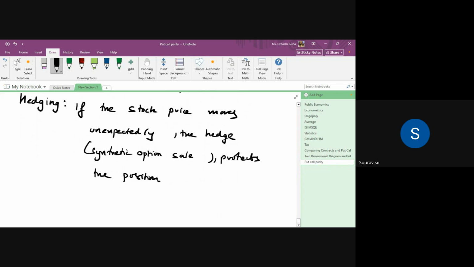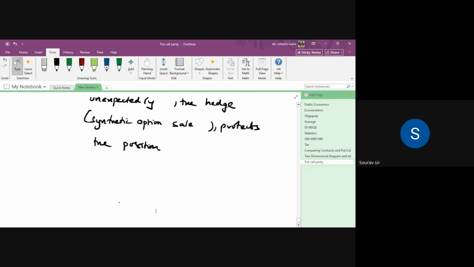Okay, so the arbitrageur always pairs the real option with its synthetic version. So for an overpriced option, what are you doing? Selling the real one but buying the synthetic. For an underpriced option, buying the real one, sell the synthetic. Okay.